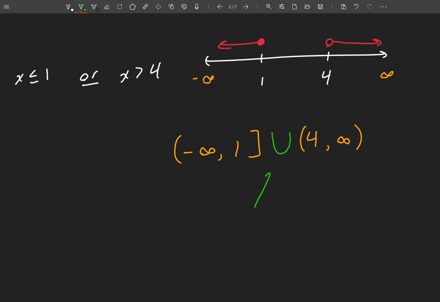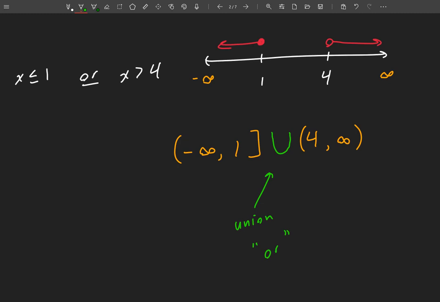It's called union. This is the symbol for union, and this means or. And we're not going to get into set theory and any other kinds of set notation. This is sufficient. So whenever you have or with these inequalities, you're just going to connect the two with this symbol called union.